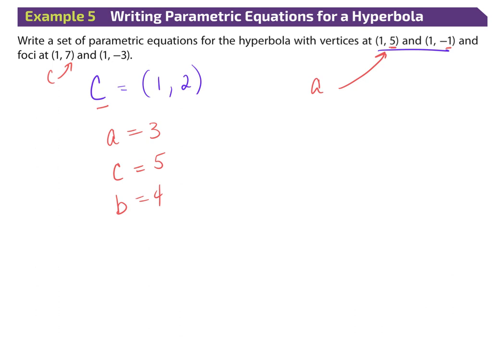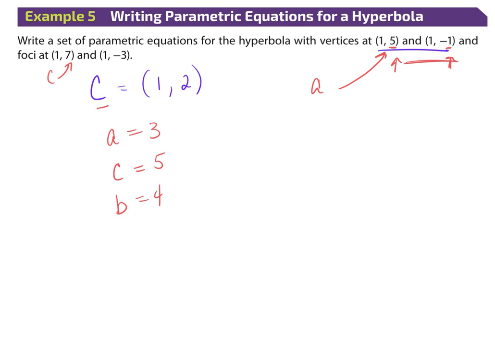Which one's going to be negative? With a hyperbola, the positive indicates which direction it's going. So if I know which direction it's going, I can figure out whether it's going to be minus or plus here. My y value is what indicates which way it's going, right? If my vertices go up and down, that's going to be my y. If they go left and right, that's going to be my x. So my positive here is going to be in front of my y. Remember, with a hyperbola, your h and k's don't move.